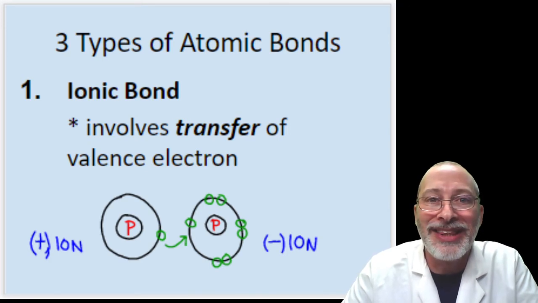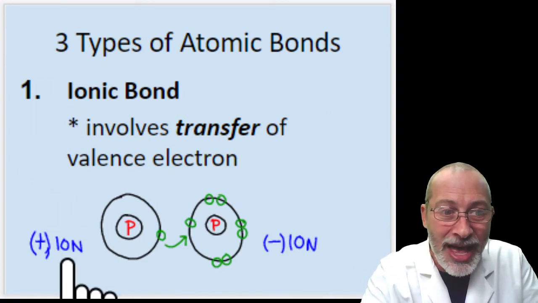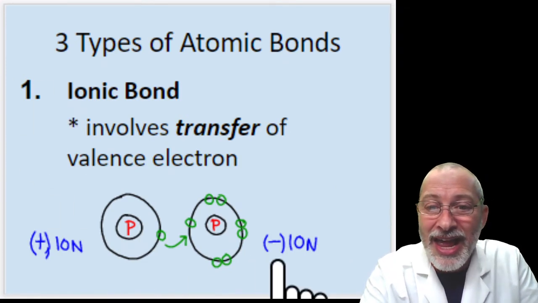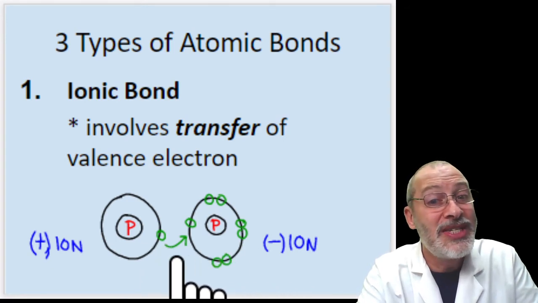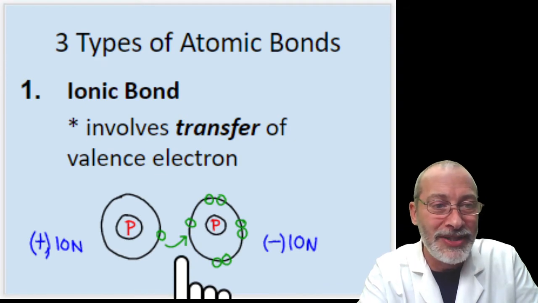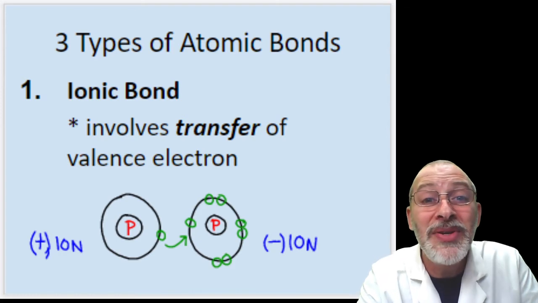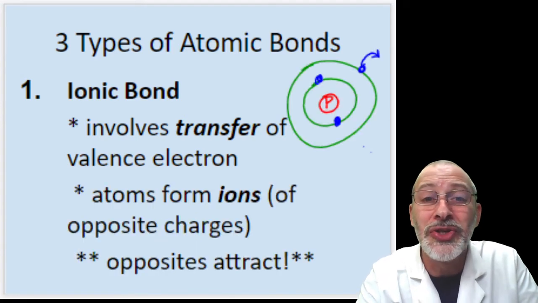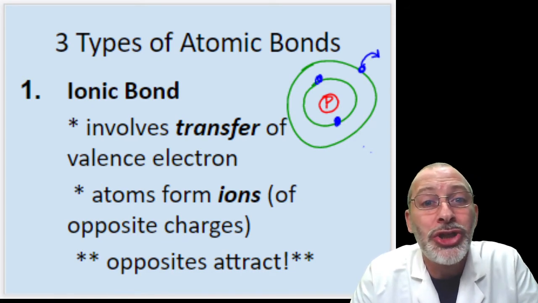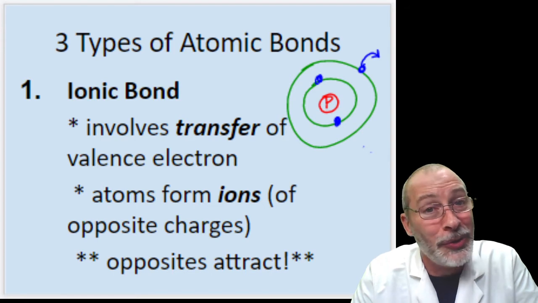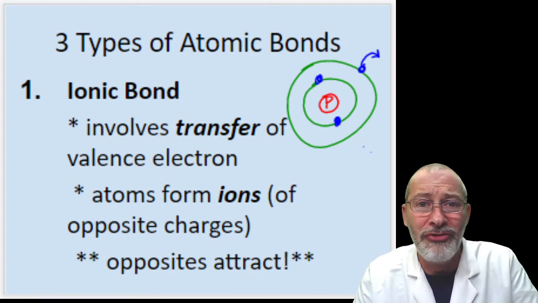So, wow, we just said a mouthful with this diagram and what's happening here, but there's some good news at the end of this ionic bond because now we have a positive ion and a negative ion. They are both now stable with that movement of the electron. And now, since they are oppositely charged ions, there's an old statement in love: opposites attract. That's right, you heard it. This is the chemistry of love.